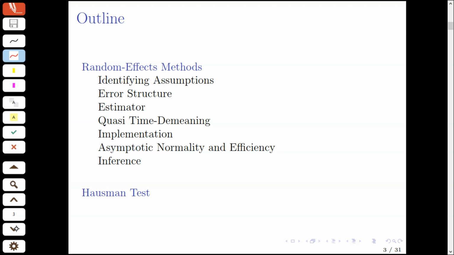We'll see that random effects amounts to something like time demeaning, known as quasi time demeaning, and then we'll talk about how to implement this estimator in practice, as well as how to estimate its asymptotic variance and therefore do inference with the estimator. Towards the end of the talk, we'll then talk about the Hausman test for comparing the random effects and fixed effects approaches.